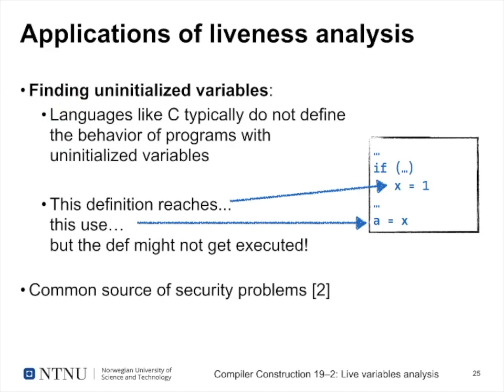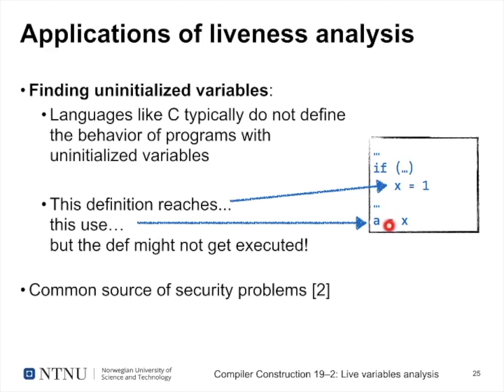So if we have a program like this here on the right-hand side, we start somewhere, then we have an if condition, and inside of the if we assign x equals 1, and then later on we use our value of x in the second assignment a equals x. Then we know this definition x equals 1 reaches our use a equals x, but we have an if here, so we cannot be sure that x equals 1 is executed in all cases.